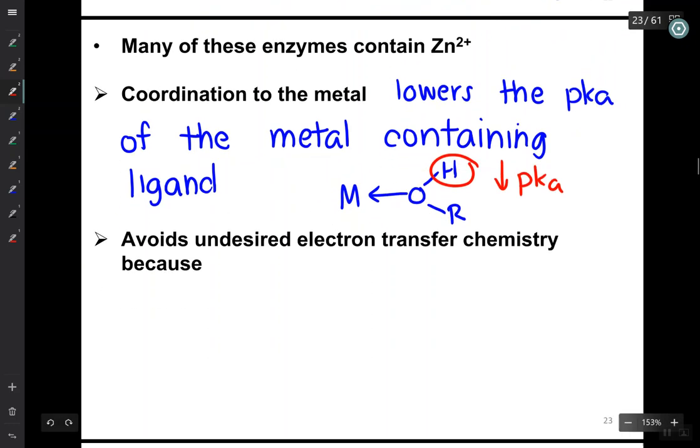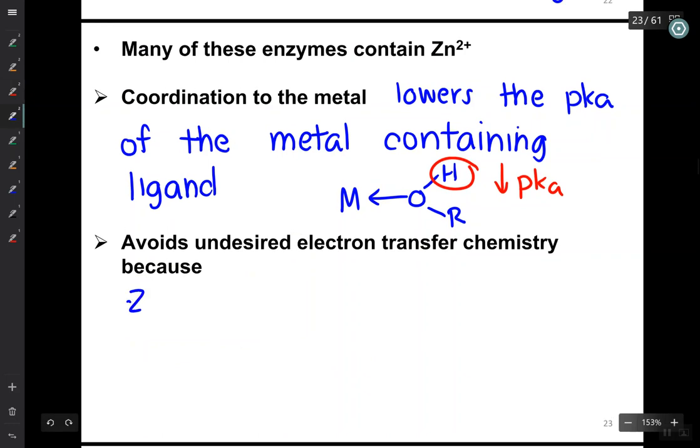And zinc is such a special ion because it avoids undesired electron transfer chemistry, because zinc 2+, you know your electron count, is a d10 metal ion. So it does not have any accessible redox states.